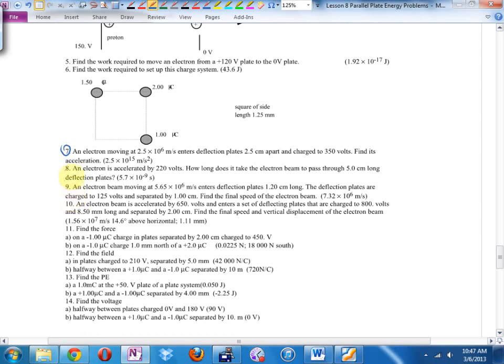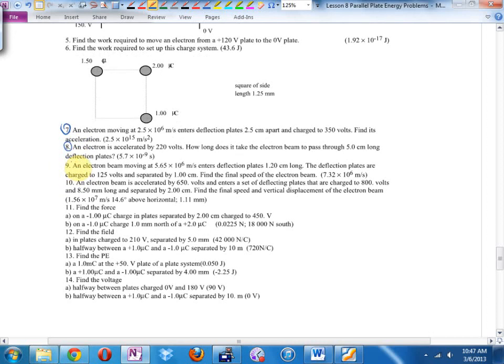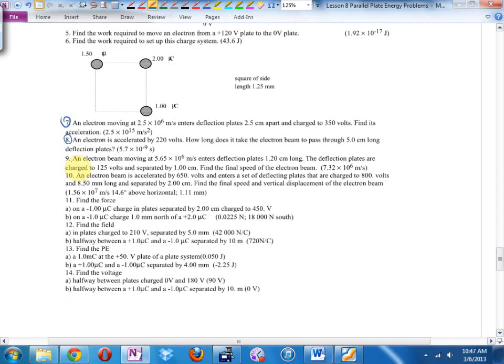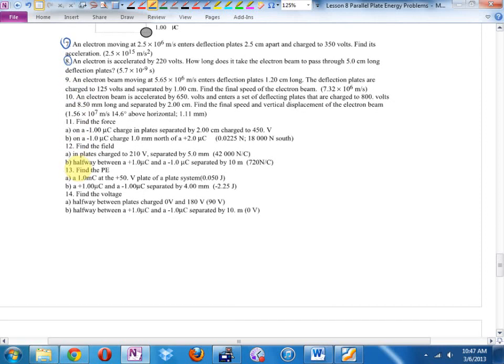What do we have? You know what? 8 is nice, says how long time. What, you thought number 9? No, I guess 8 came first and 10. Let's see. And how about 14?